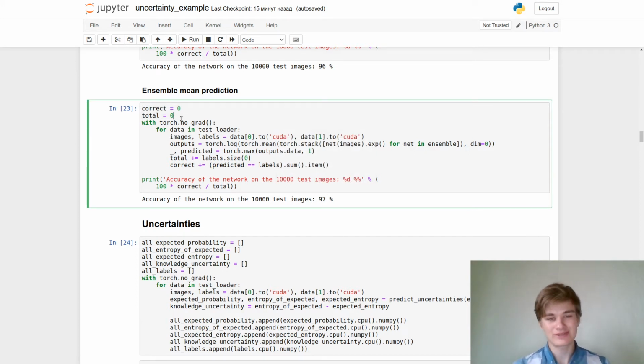this is MNIST, and here I'm showing you only some concepts of what you can use and what you should consider when you apply uncertainty techniques.